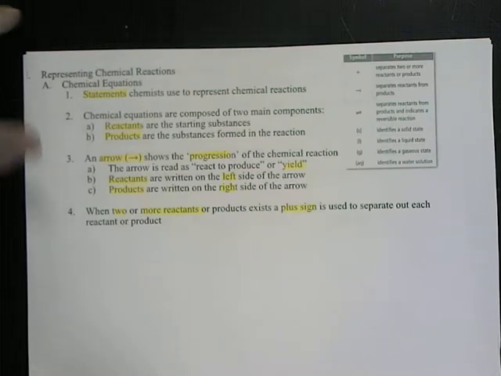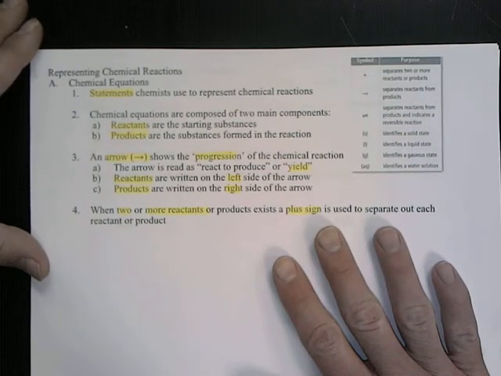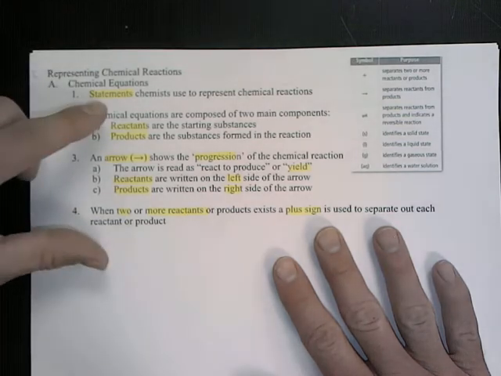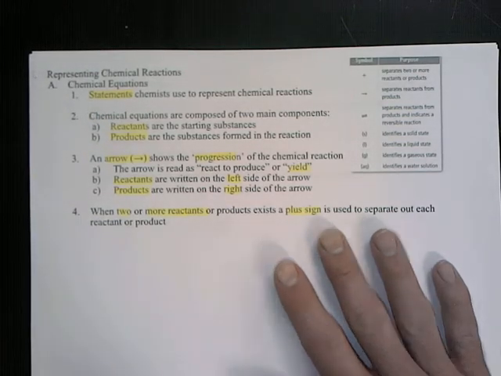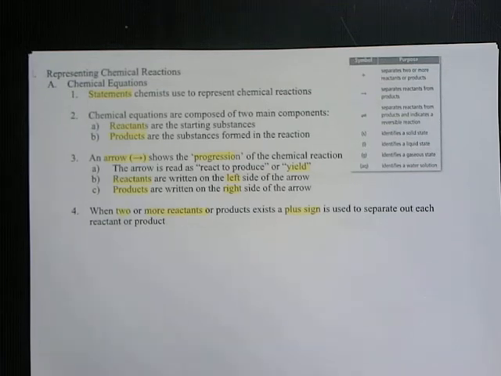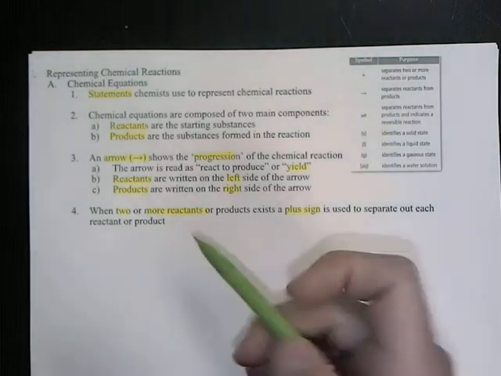Now, what's really important to us is how we represent chemical equations. We represent chemical reactions through chemical equations. These are statements that chemists use to describe and really isolate these particular chemical reactions. So the major thing for us is this arrow.